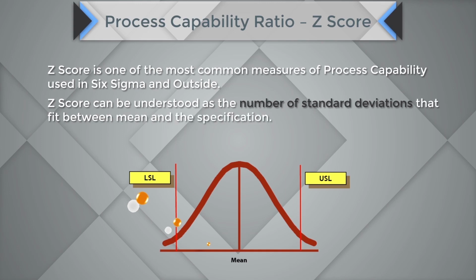If I have a business process with a known mean and known lower specification limit and known upper specification limit, you are essentially saying how many standard deviations can I fit between the mean and one of these specifications. That shall be the process capability or the Z-score of that side. Similarly, I'll do the same exercise for the other side, so USL and the mean. Between the distance between them, how many standard deviations can I fit? That is what my Z-score is.